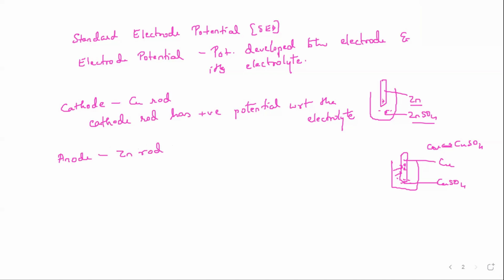And where are those electrons? Those electrons are present on the rod. The plus 2 ions are coming into solution, but the electrons are on the rod. So I can say the anode rod, the zinc rod, has negative potential with respect to the electrolyte.